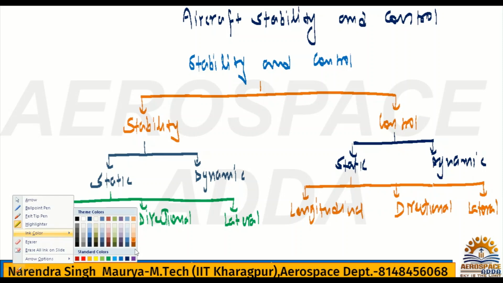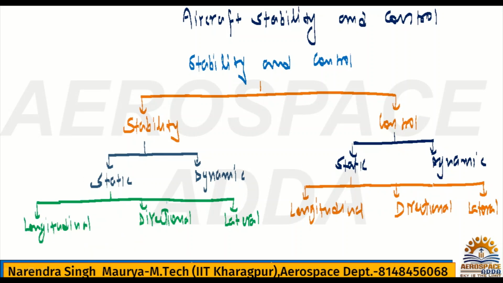All right, and here if you check, I have segregated everything step by step. Stability and control, both I have segregated. So now one by one we'll talk.